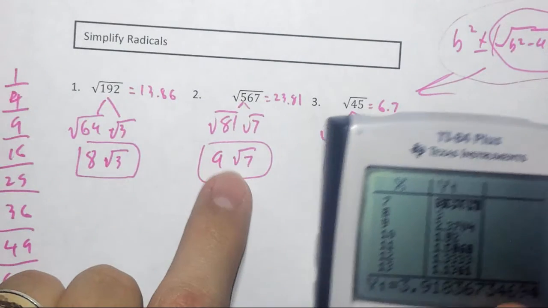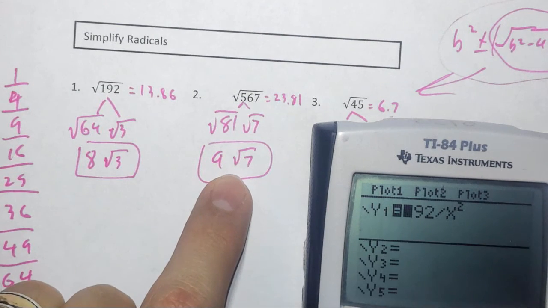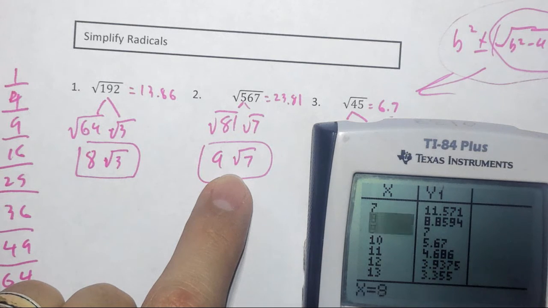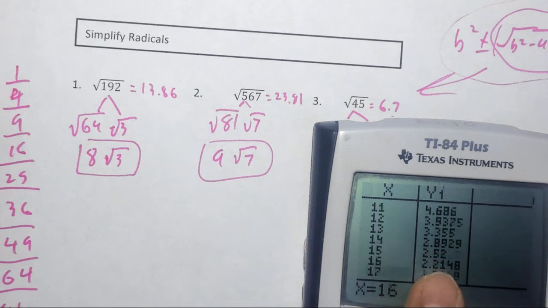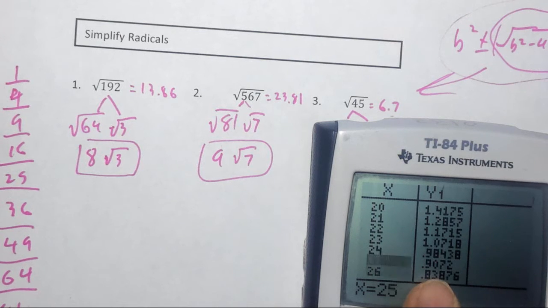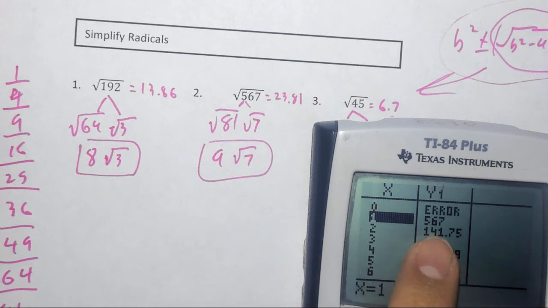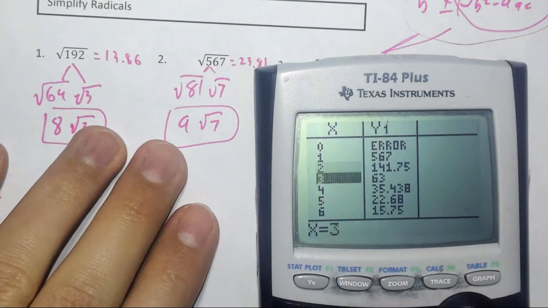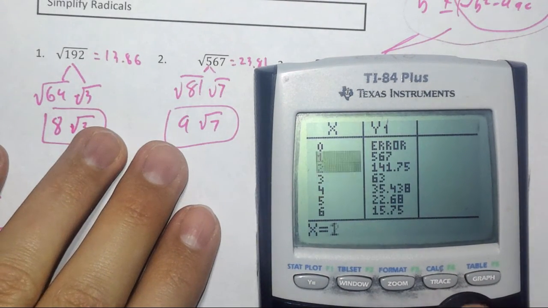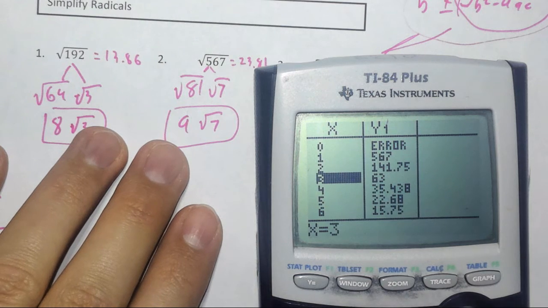I can do the same thing here with 567. I just change this to 567. You see how there are no integers except for 7. You're also going to get an integer at 1, but you don't need to use that one. You just find the smallest integer. 63 is not the smallest.